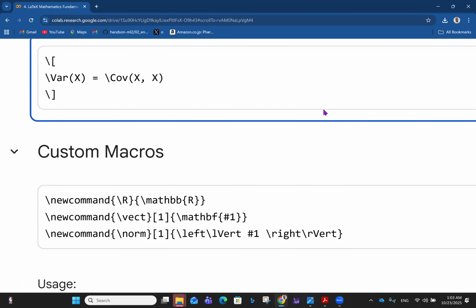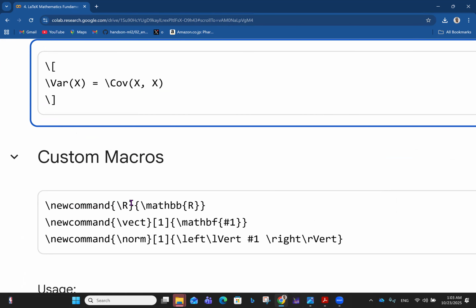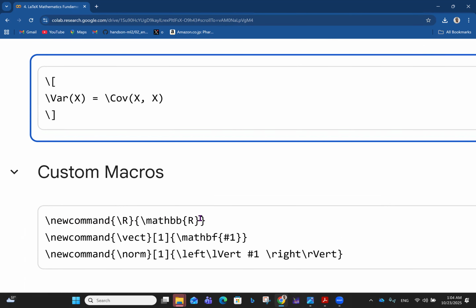We can also have custom macros, so that anytime you type backslash R, it automatically gives you this kind of R, instead of having to type \mathbb{R} every time. I think we should talk about these special characters when we get to our mini project. There are some special R characters that are really fanciful if you want to do the fancy math stuff. So with new command, instead of \mathbb{R}, you see backslash R is automatically \mathbb{R}. For vectors, you have this \mathbf bold font, if you want your font to be bold.